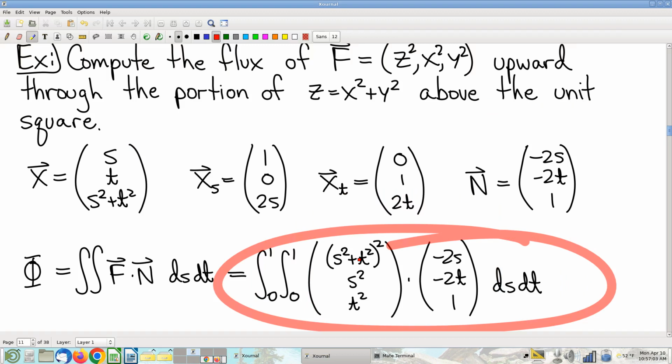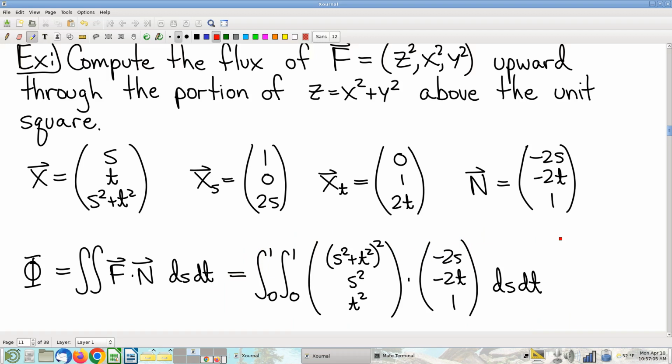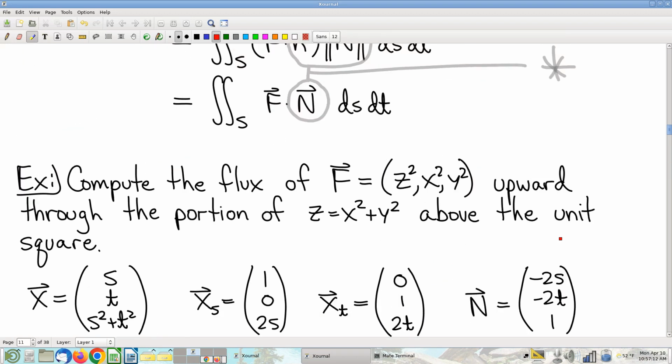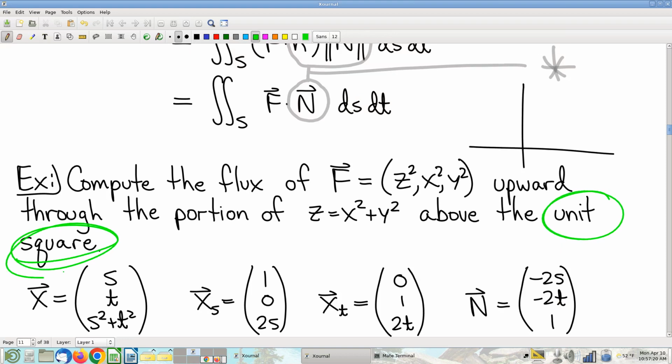Yes? Wouldn't the unit square be centered at the origin? No, I get where you're coming from, but the convention of the term, the unit square, is that it is, let's see here, this thing right here. Yeah, it's from 0 to 1 and 0 to 1.